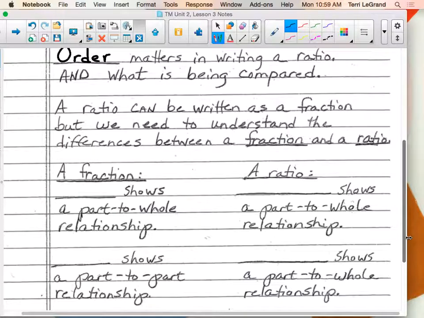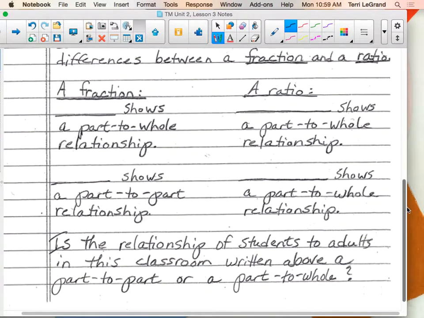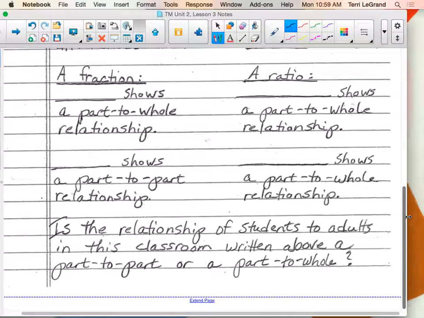So let's find the differences between a fraction and a ratio. A fraction always shows a part-to-whole relationship. How many parts out of the whole when we're talking about a fraction? So if you get 1/3 of the pizza, you're getting 1/3 of the whole pizza, not part of 1/3 of a part.